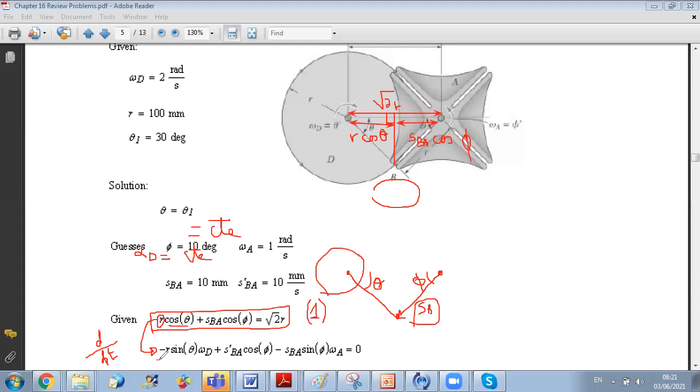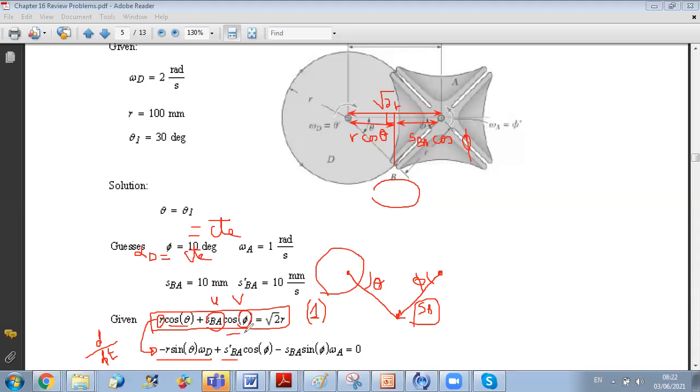So I will have minus r sine theta times omega D. Then, for the second term, I have two variables because S is varying and cosine phi is varying with time. So it's like U times V, and the derivative of U times V is U prime V plus U V prime. U prime constitutes the velocity of B relative to the slot, S prime, times cosine phi, plus U V prime.